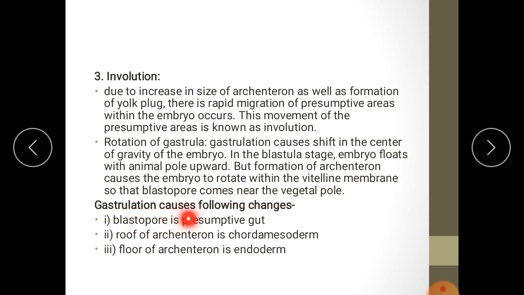So gastrulation causes the following changes. What changes are happening during gastrulation? Number one, the blastopore is the presumptive gut opening. The presumptive gut is archenteron. The roof of the archenteron is chordomesoderm.